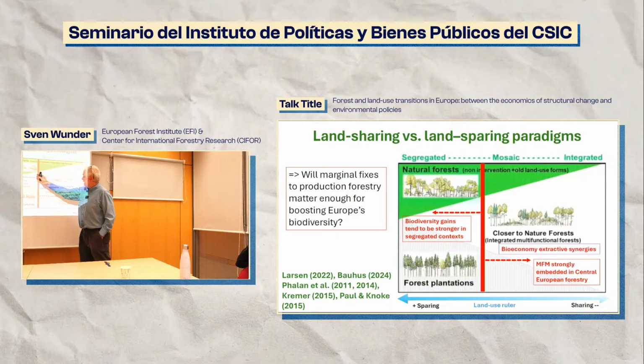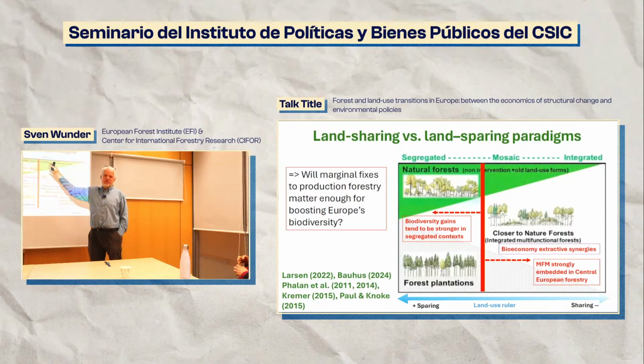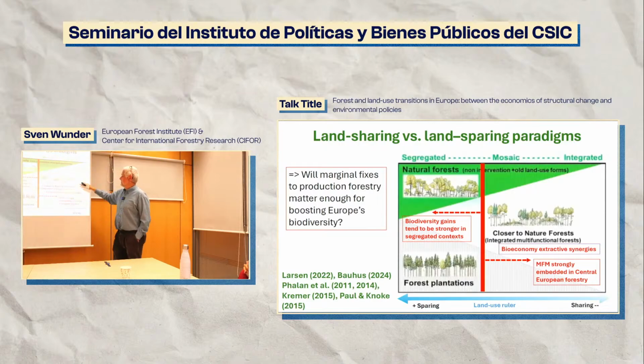You can't see that so well here, but this is forest plantations, this is the natural forests and old growth, and this is the multifunctional forest where you mix different functions. And the question is, what is optimal? Where should we be going? To the right or to the left?